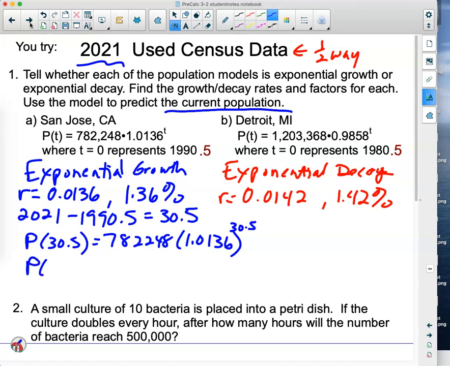And we would plop that in the calculator. And because this one is a population model and we're assuming, of course, that it's people, we would want to round this to the nearest whole number. So I'm not going to waste your time making you watch me type that in.